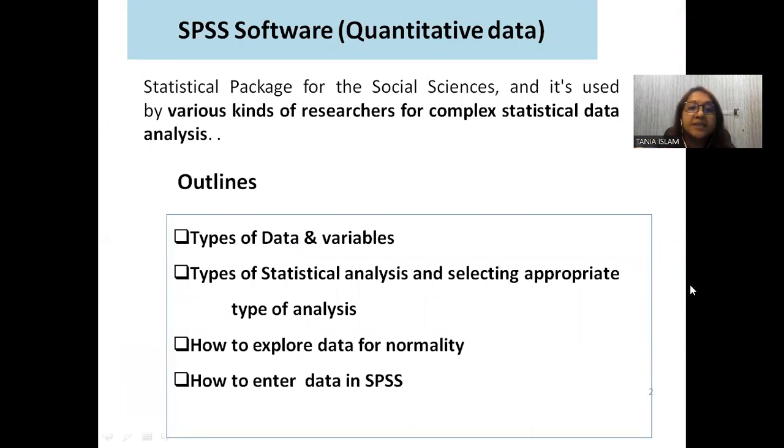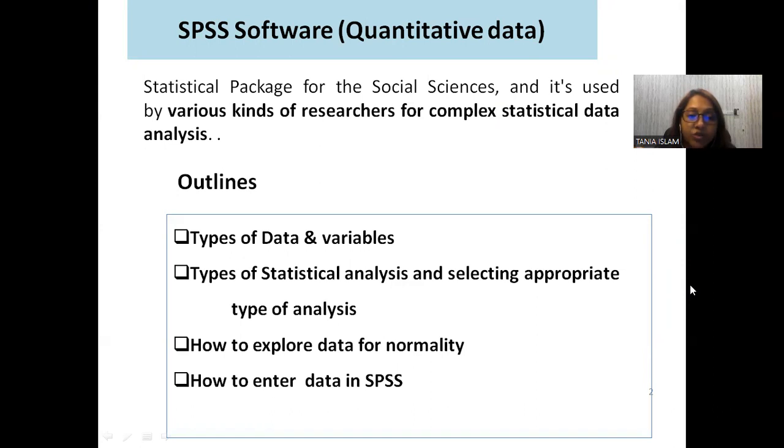The statistical package SPSS we actually use for different types of quantitative data analysis. So today I'm going to talk about how we are going to use the SPSS software, and the main outline of my talk will be: first part will be types of data and variable.